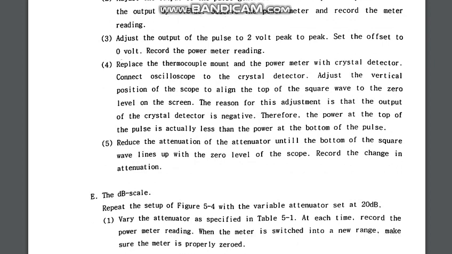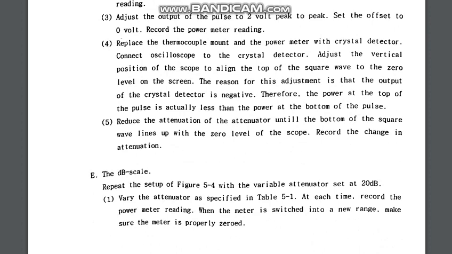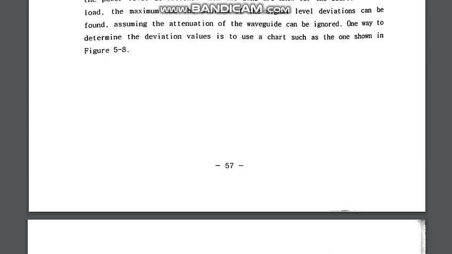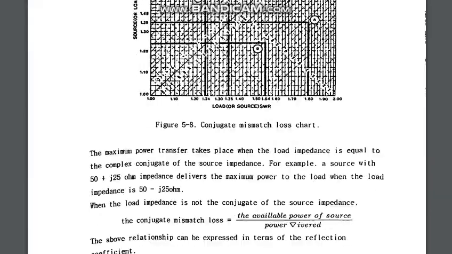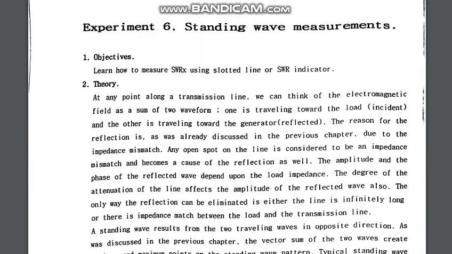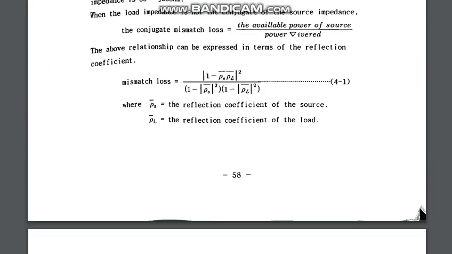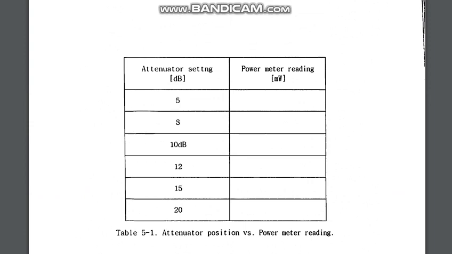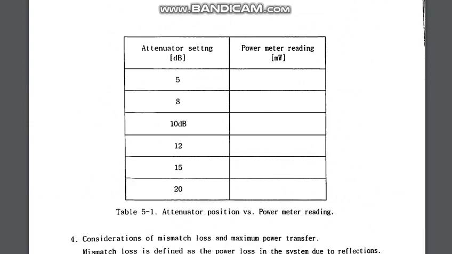Reduce the attenuation of the attenuator until the bottom of the square wave lines up with the zero level on the scope, and record the change in attenuation. So there are a lot of scales in it. You just follow this. I am not going through the next part, considering mismatch. I just need this attenuation position versus frequency meter, power meter reading.